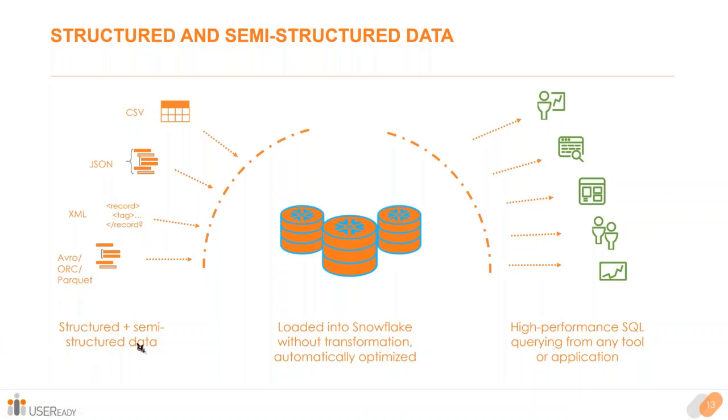And semi-structured data could be your JSON files or XML files or Avro, ORC, Parquet files, most of which are compressed data files. Avro, ORC, Parquet are the big data outputs or compressed data files from big data platforms, and CSV is a structured data file. So these are the source files which are supported by Snowflake.